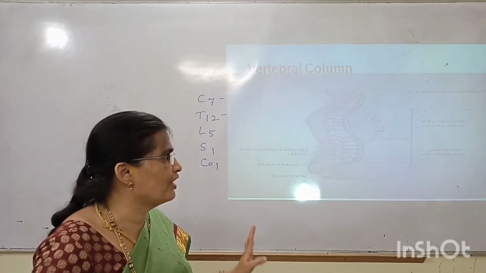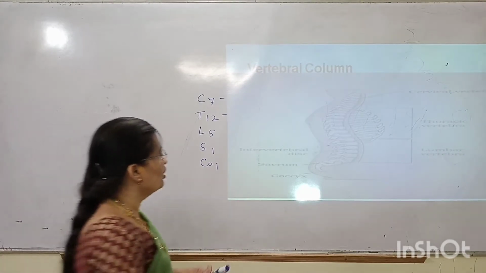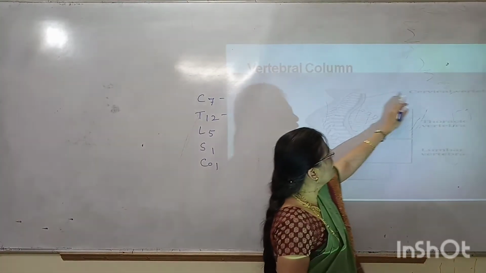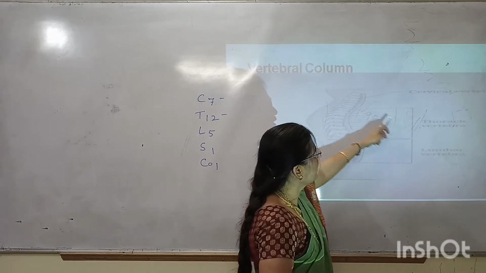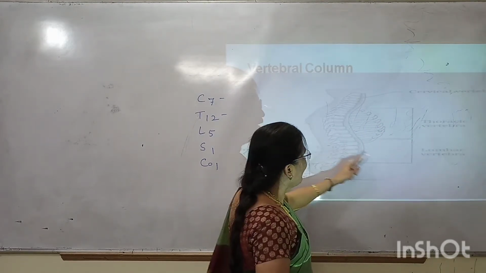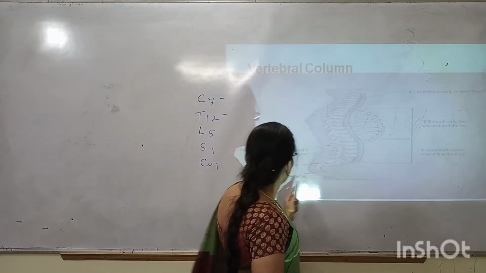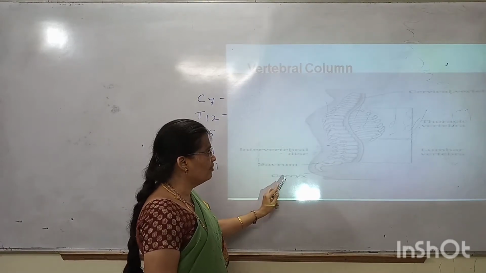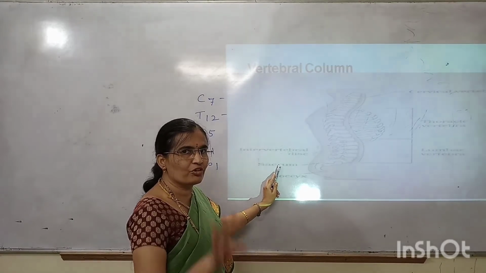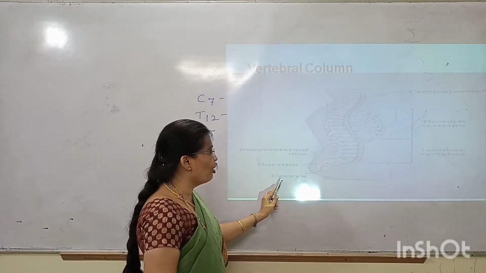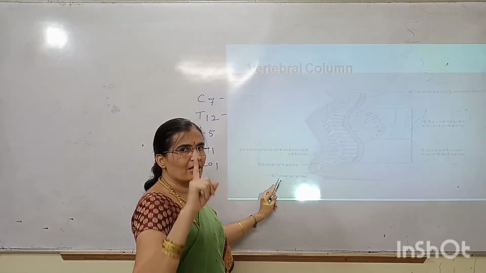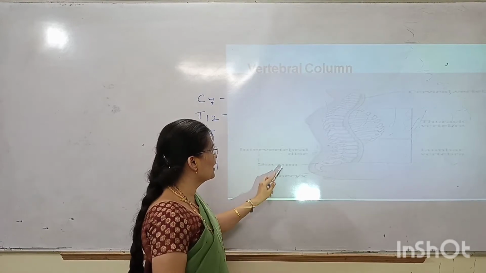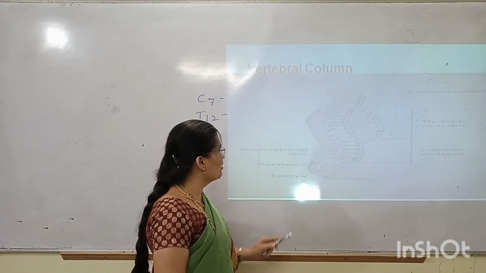Here we can see the cervical vertebrae, the thoracic vertebrae, the lumbar vertebrae, and here the sacrum and coccyx. Sacrum is formed by fusion of 5 bones, and coccyx by fusion of 4 bones.